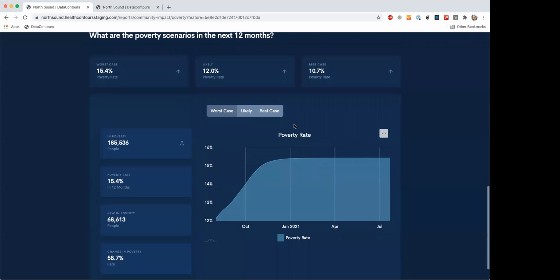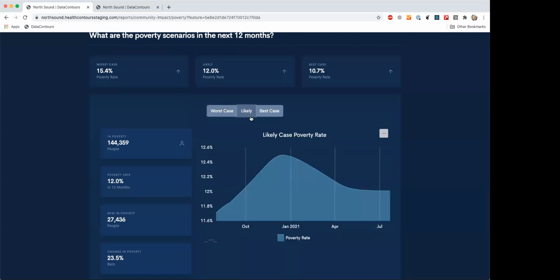And that would mean about 68,000 new people in poverty in the North Sound, which is about a 60% increase over the historical level. The likely scenario would put the poverty rate at about 12%, which would be almost 30,000 new people in poverty, which would be about a 25% change.